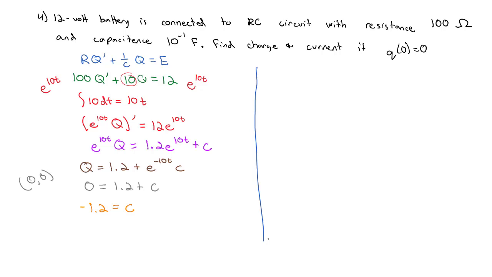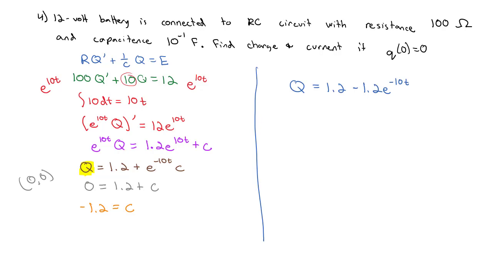Putting it all together, then, we now can get the function for our charge Q. Q is equal to 1.2 plus our constant, which is negative 1.2, e to the negative 10t. That's our function for the charge over time.